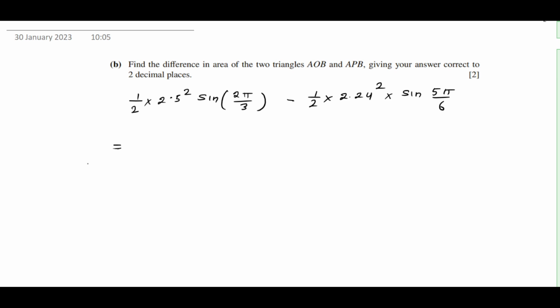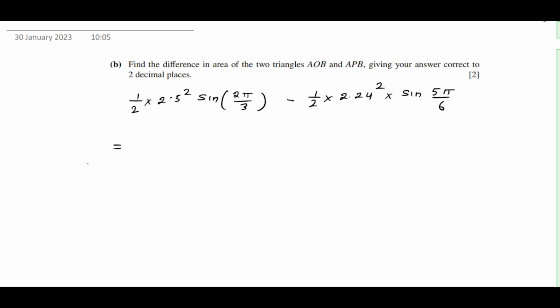2.5 square divided by 2 into sine, sine is 2 times pi divided by 3, minus 2.24 square divided by 2 times sine 5 pi by 6.